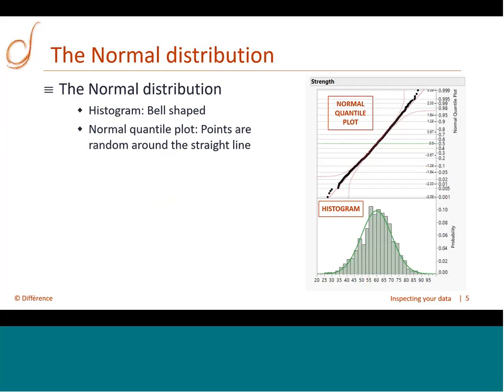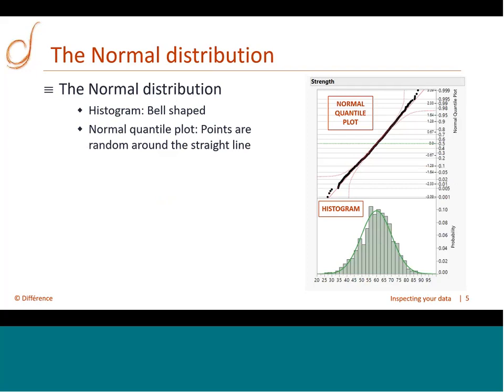A distribution which is often used in practice, and which approximates a lot of natural phenomena, is the normal distribution. On the histogram that you see at the bottom right, you can see that this distribution looks bell-shaped.